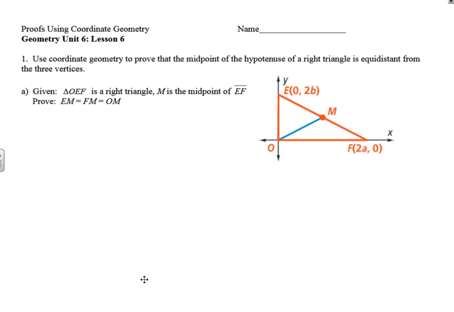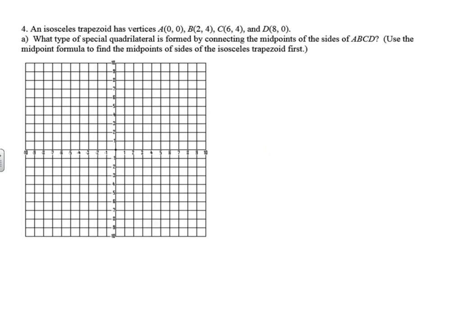Before we jump into this page, I want to go back and finish up this last question on the page before. So we have an isosceles trapezoid. It has vertices of A at 0, 0. I'm just going to plot these.